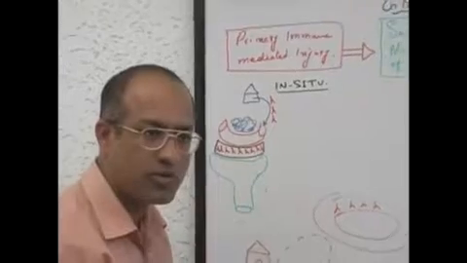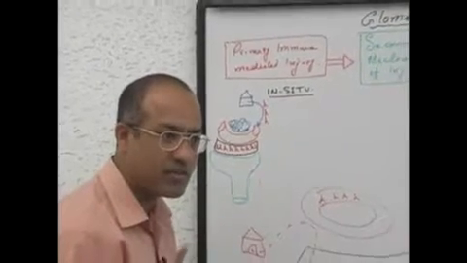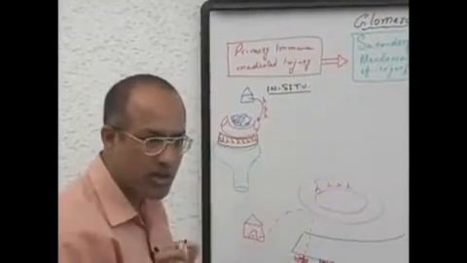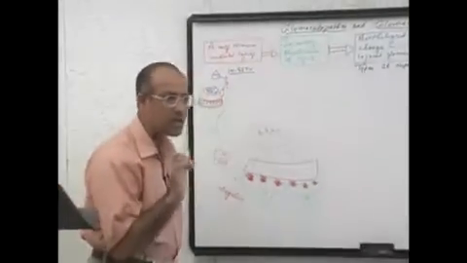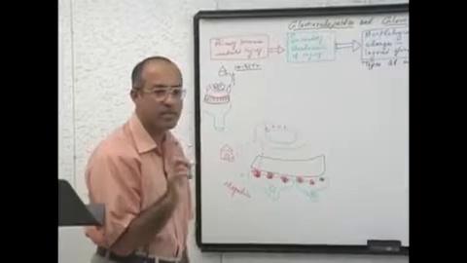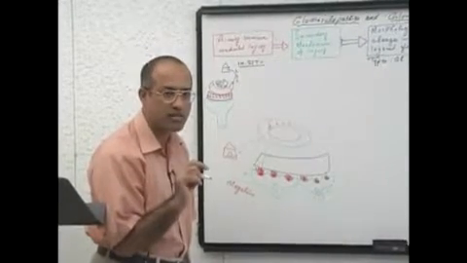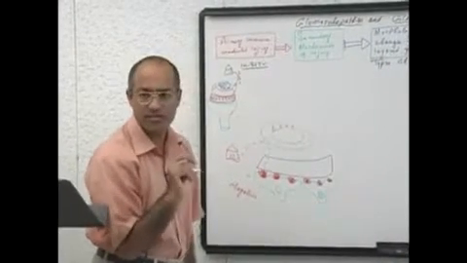There are no circulating immune complexes, right? In situ means that at the point where the injury is going on, immune complexes are formed exactly at that very point, because the antigen is fixed at those points and antibodies approach there.